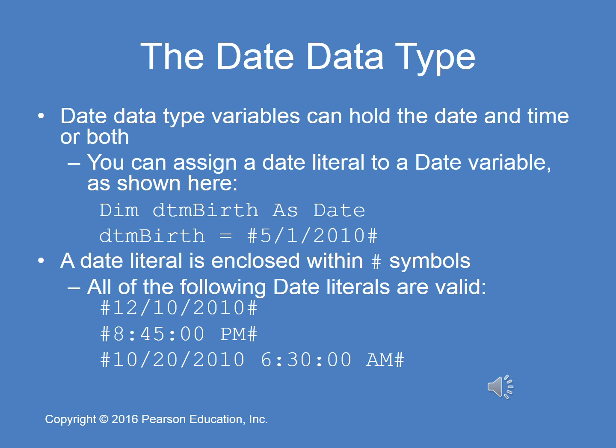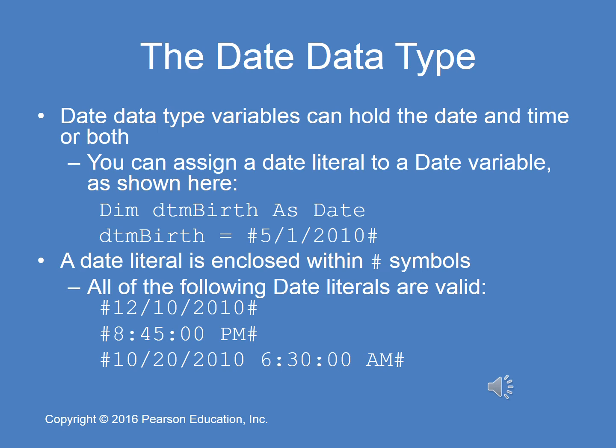Dim dtmBirth, a name selected by the programmer, that is not a keyword, as date. That sets aside or declares the memory location. Then dtmBirth equals pound 5/1/2010 pound initializes the memory location. So a date literal is enclosed within pound signs.